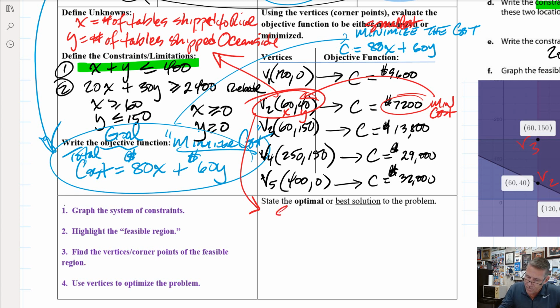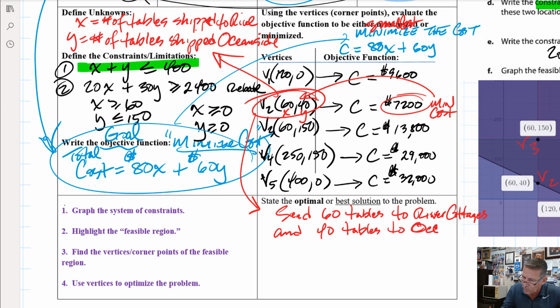All right, so the company should send 60 tables, because we're talking about tables here, to River Cottage, and 40 tables to Oceanside resort, to minimize the cost, which happens to be right here, $7,200.